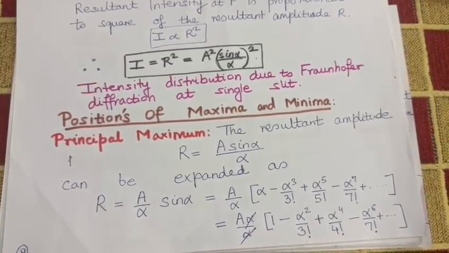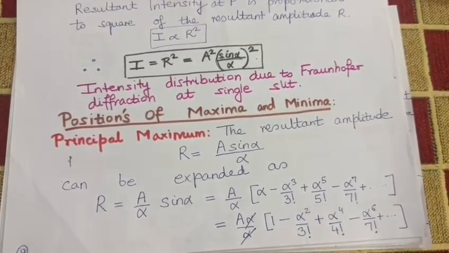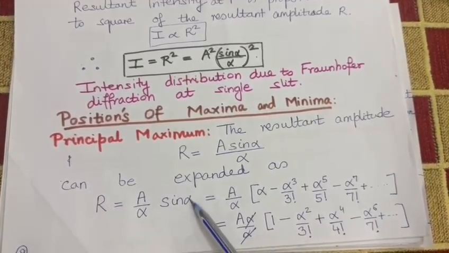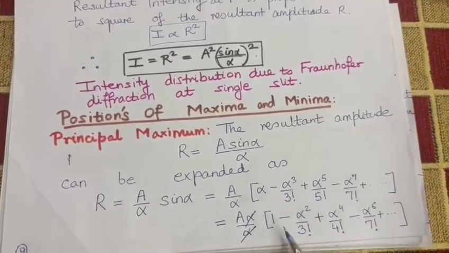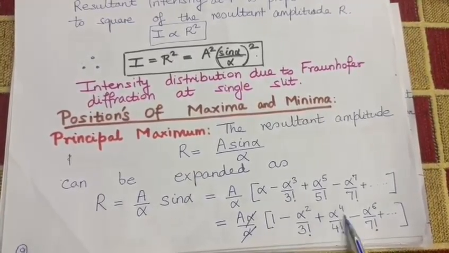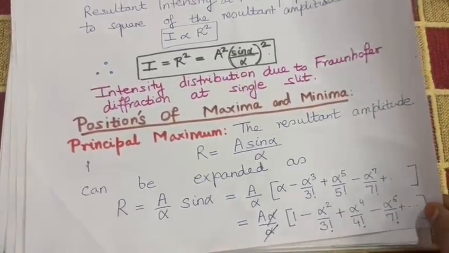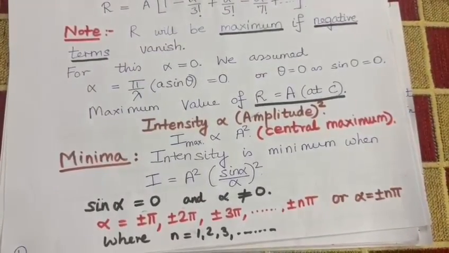Now, in order to find the position of maxima and minima, we will expand sine alpha. We will open it with the alpha series, take alpha common, and this expression becomes equal to this much. So now with this, for maxima and minima, R becomes equal to this.